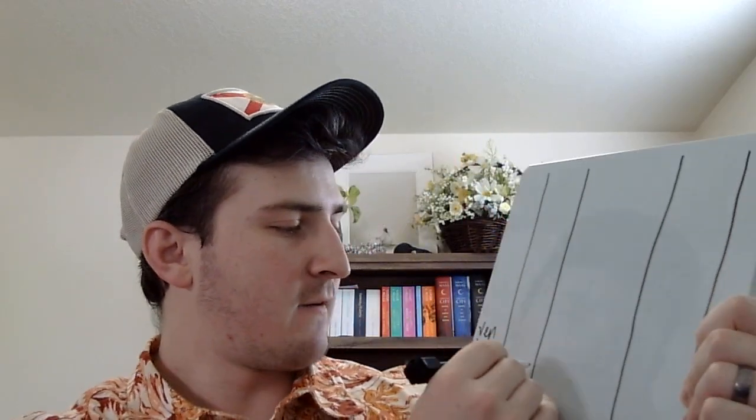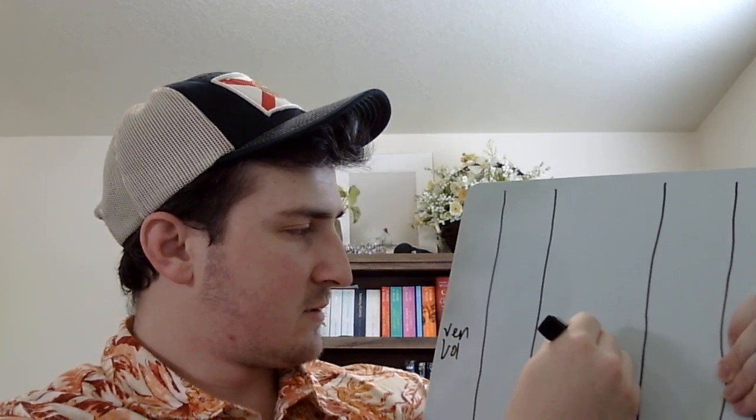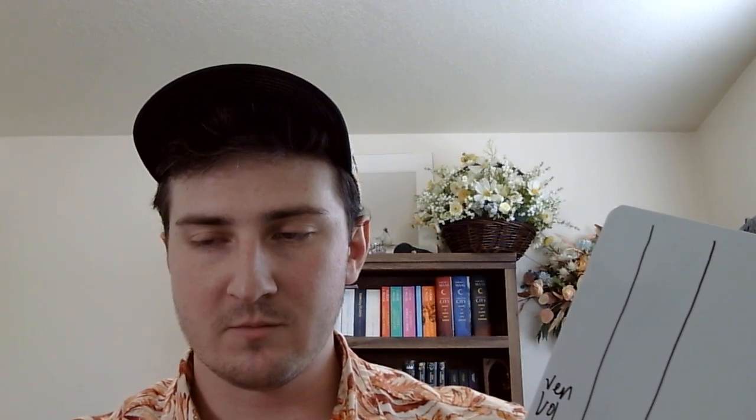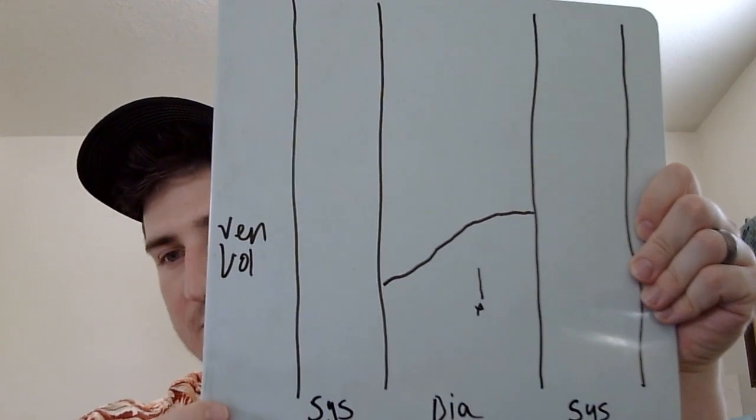Anyways, ventricle volume in the diastole, we will see an increase until it plateaus right about there. And during this is actually when we're going to see the electrical waves from the ECG of the heart begin to form. Here we're going to see our P wave right in there.